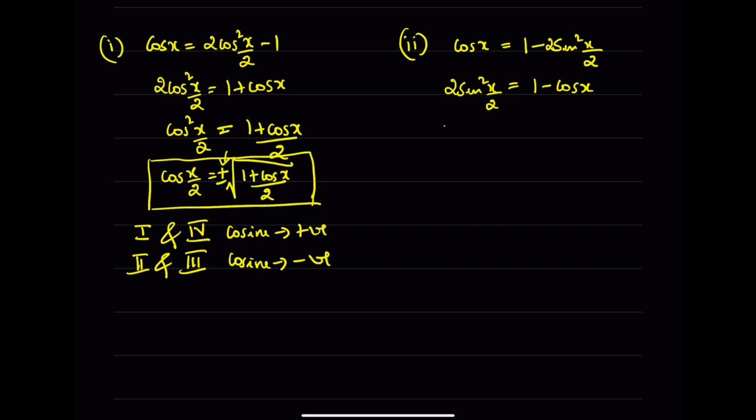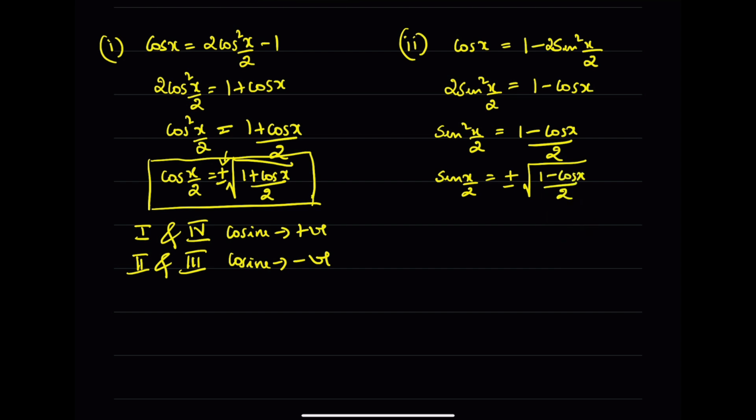So sine square x by 2 is equal to (1 minus cos x) by 2, and sine x by 2 would be equal to plus or minus square root of (1 minus cos x) by 2.